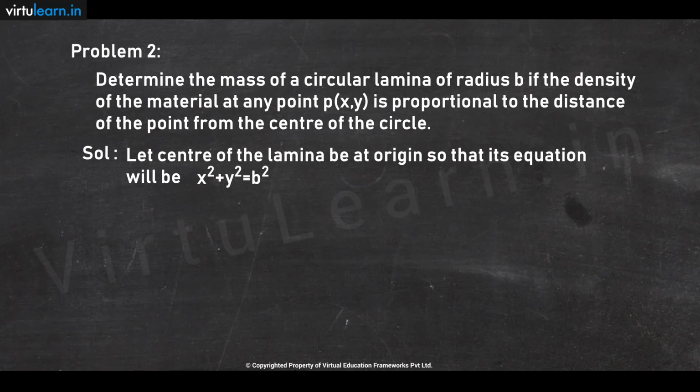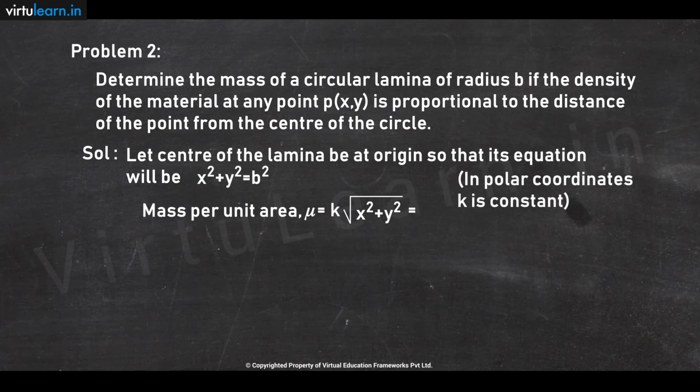When we take origin as the center of the circle, the distance of the point P(x, y) from it becomes root of x square plus y square, or mass per unit area or density can be taken as mu is equal to k times square root of x square plus y square, where k is a constant, or in polar coordinates we can write it as kr.